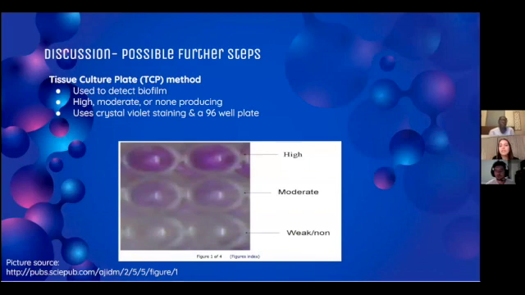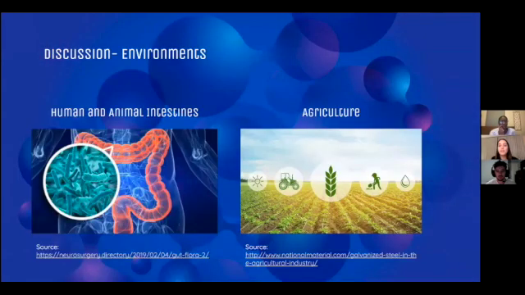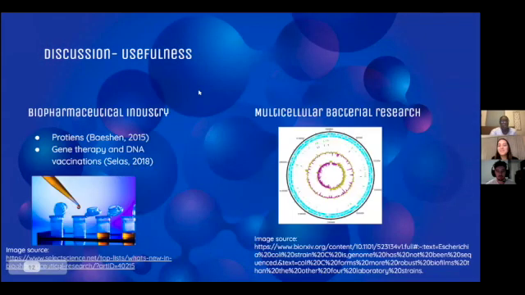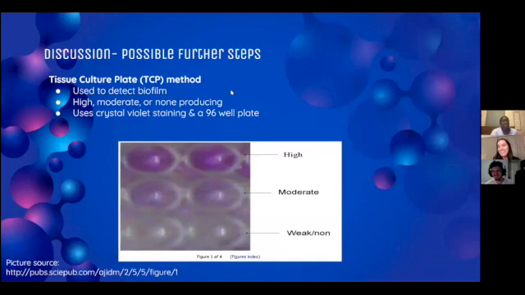This test is going to use crystal violet staining and a 96 well plate. The image is from an actual study done on our specific strain, E. coli strain C, and it shows what kind of biofilm ours can produce.